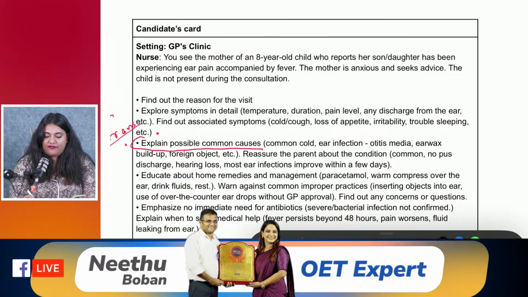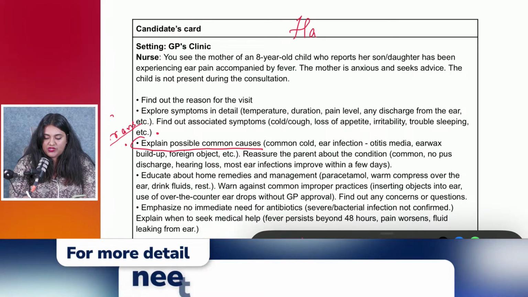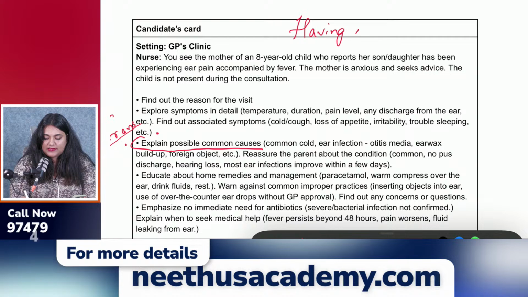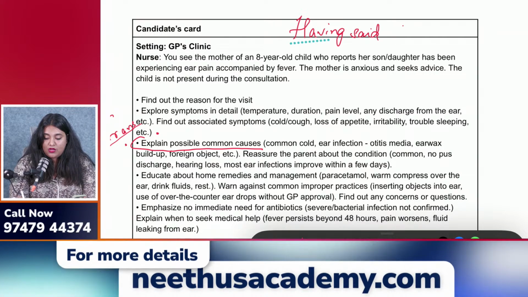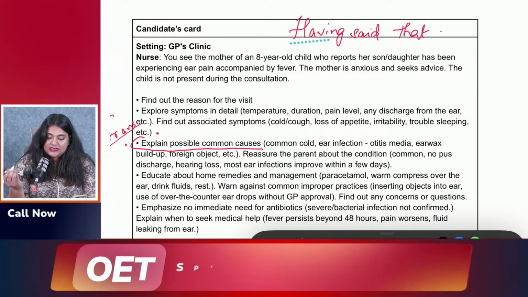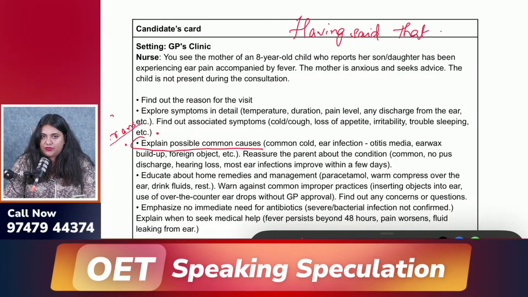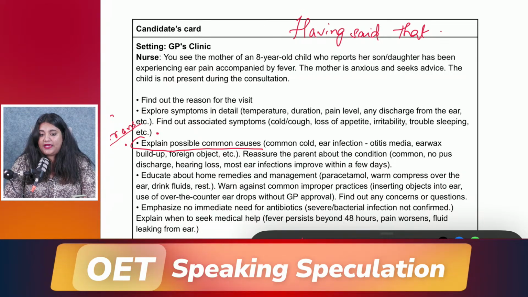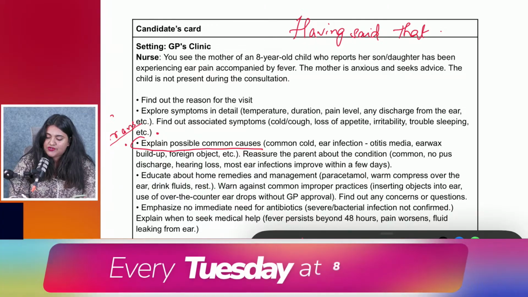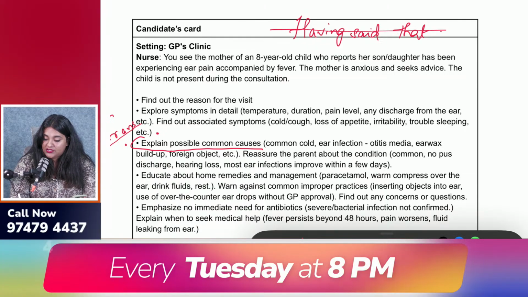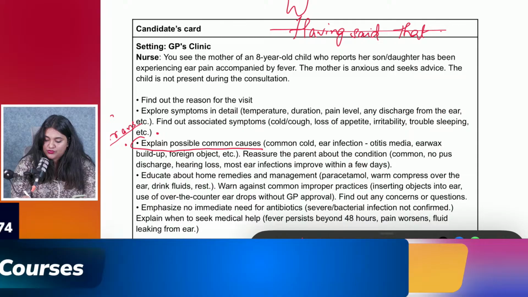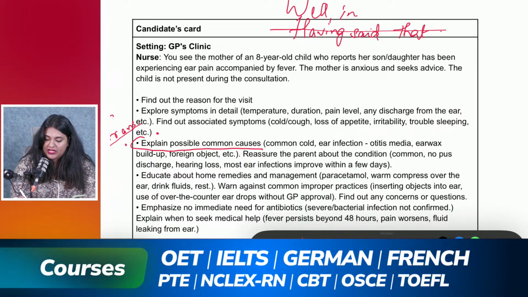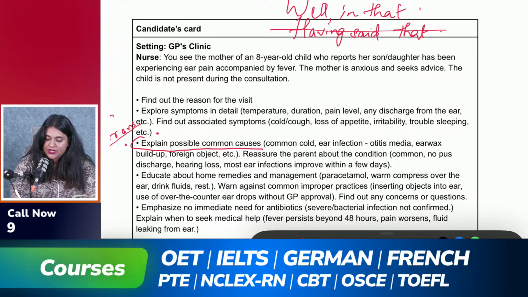Or you can use a very nice phrase, which is having said that. Or in this case, since there is a question like, am I right, and the parent would reply, yes, you are right, you can try, instead of having said that, which is also good, you can also try, well, in that case.